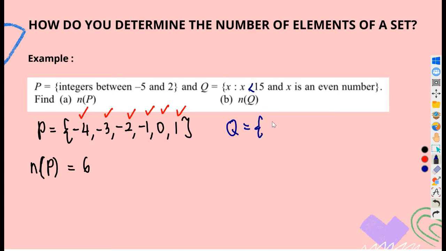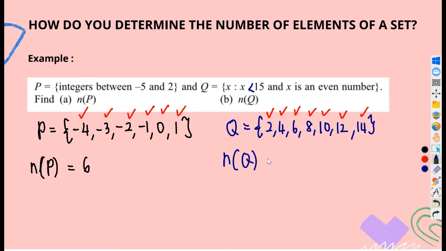We list out first, x is an even number, so we start from 2: 2, 4, 6, 8, 10, 12, and the last one is 14. Now we calculate how many elements are in here: 1, 2, 3, 4, 5, 6, 7. So there are 7 here. So n(Q) is equal to 7.